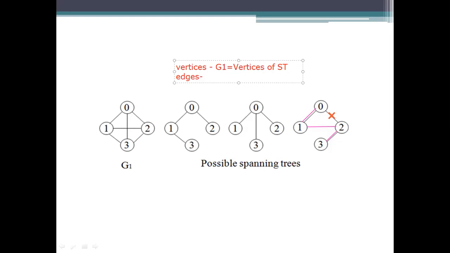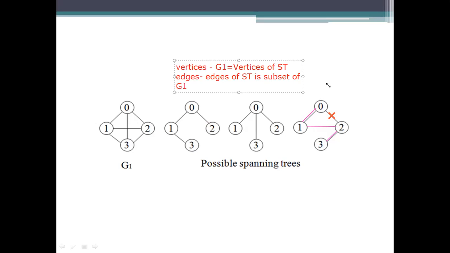Then what is the property we need here? The edges of the spanning tree should be a subset of G1.